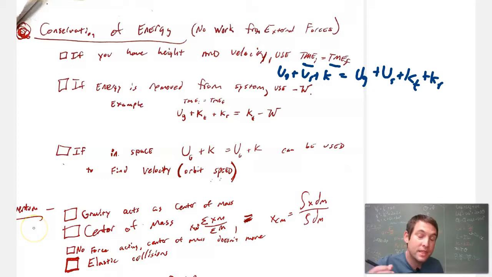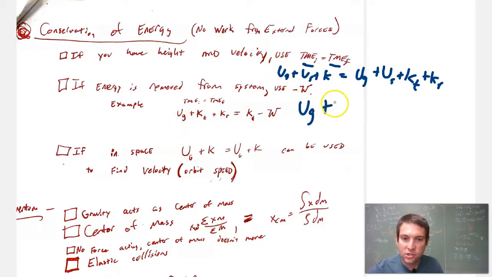You're going to use that same equation if you do have friction or some other force that's not conservative and it's removing energy from the system. So when you're adding up all of your energies, you might not be able to see that. So let's say I have gravitational potential energy and translational kinetic energy and rotational kinetic energy, and I'm losing energy to friction.